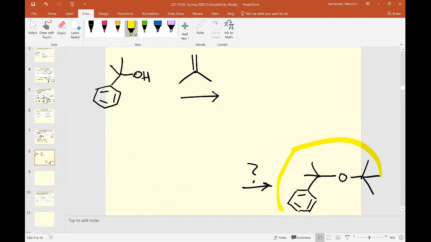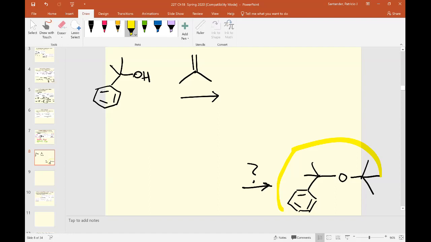Why? Because the two halves of the ether, both of them are highly substituted, right? So here the rule of using the more highly substituted alkoxide and the less highly substituted alkyl halide doesn't work because both halves are highly substituted.